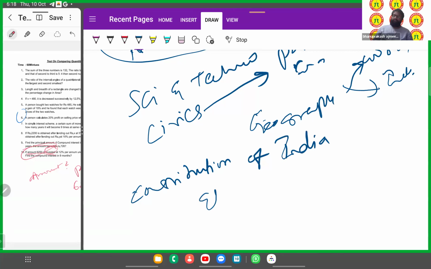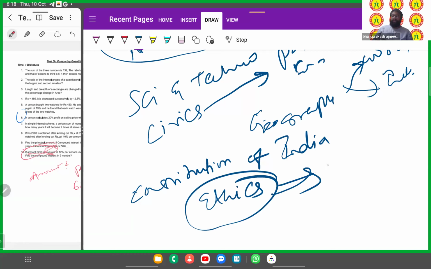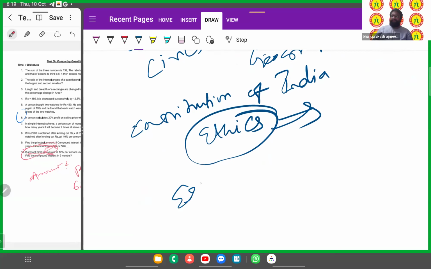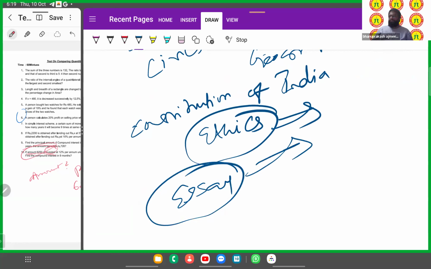Then ethics, a separate paper, like moral science, which for you will be in a very basic class, a similar kind of paper. Then an essay, where you need to write on contemporary issues, like recent issues.